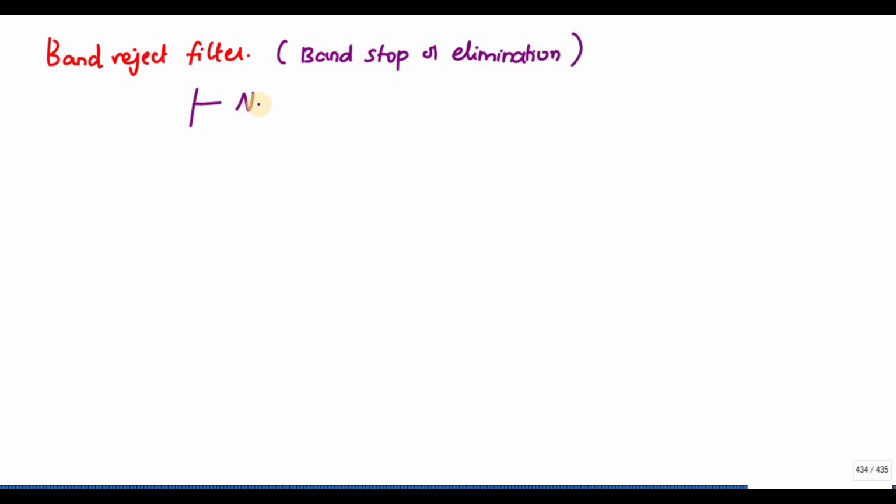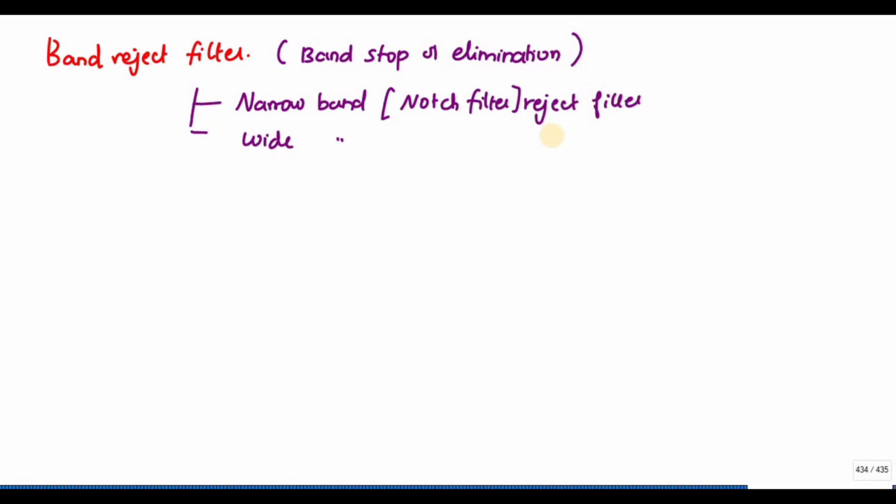One is narrow band, which is also called a notch filter, and another one is wide band reject filter.